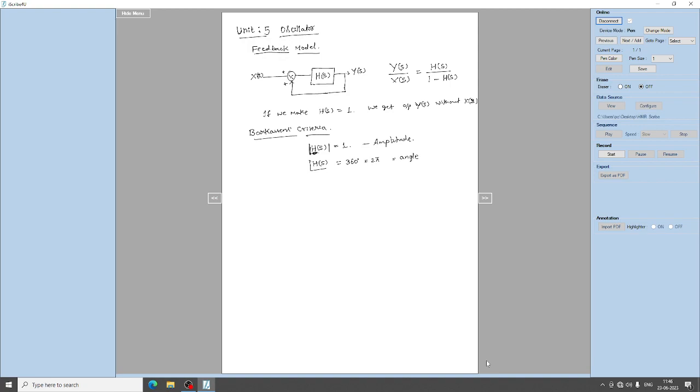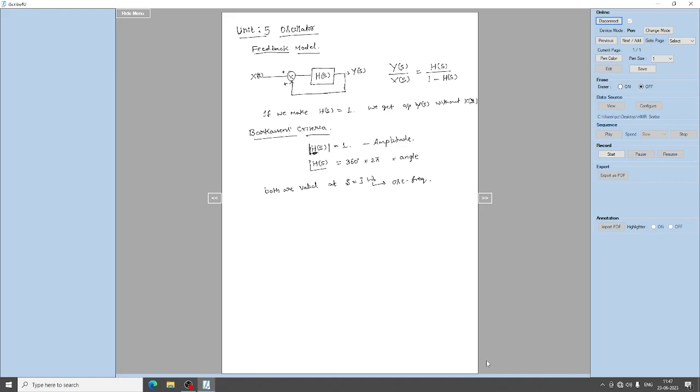So this is the angle condition. Only if these two conditions are satisfied can you say they are the necessary conditions to get the oscillation, right? And both are valid at s equals j omega naught, where omega naught is the oscillating frequency, right?